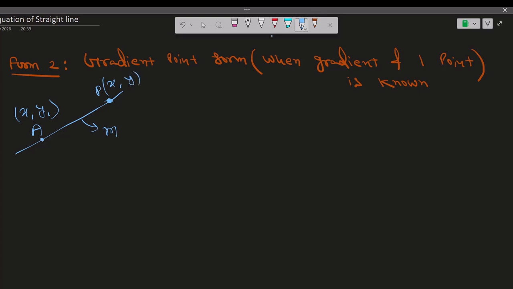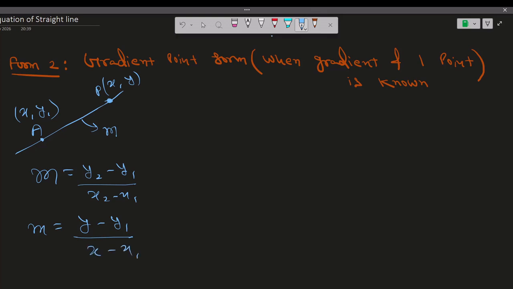Again, I will use the same idea. Since I have these 2 points and I know the gradient is m, the gradient m is nothing but y2 minus y1 upon x2 minus x1. Let us take P as the second point and A as the first point. So m is y minus y1 upon x minus x1.